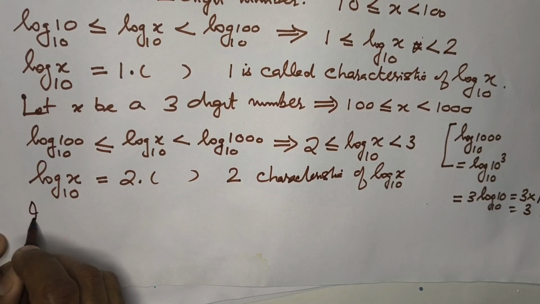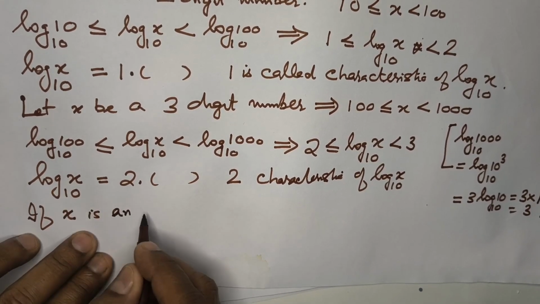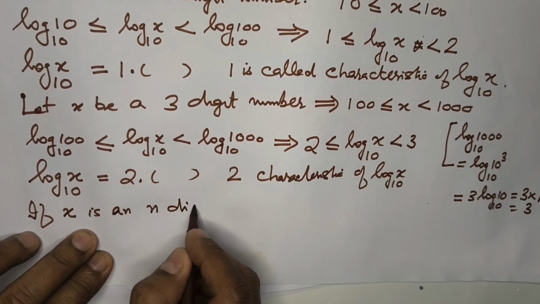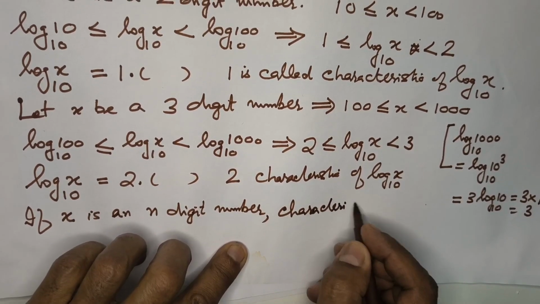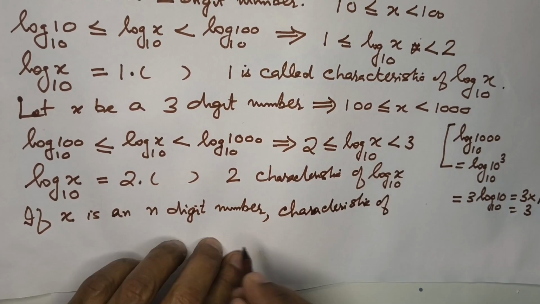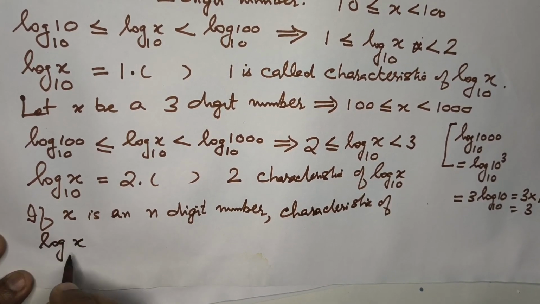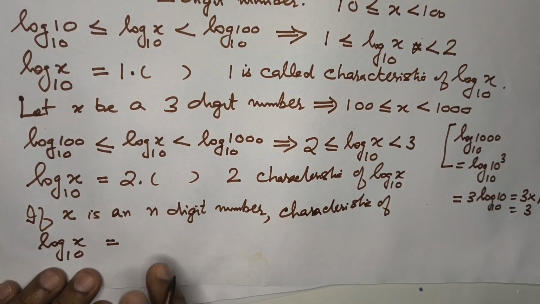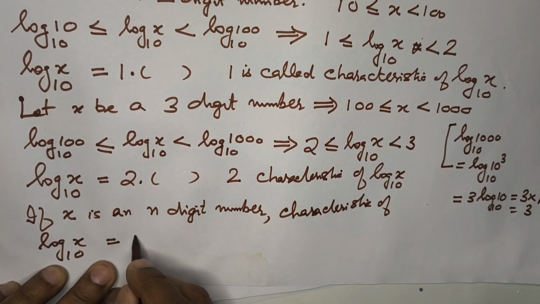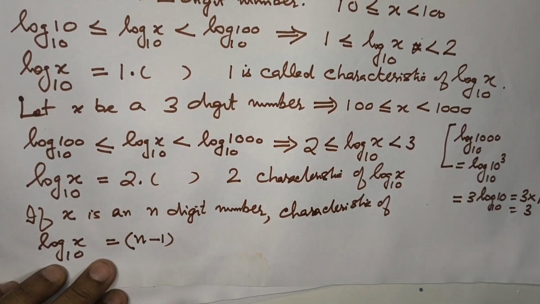See, if x is an n-digit number, the characteristic of log x to the base 10 will be equal to, can you tell me? Yeah, it would be n minus 1, 1 less than the number of digits.